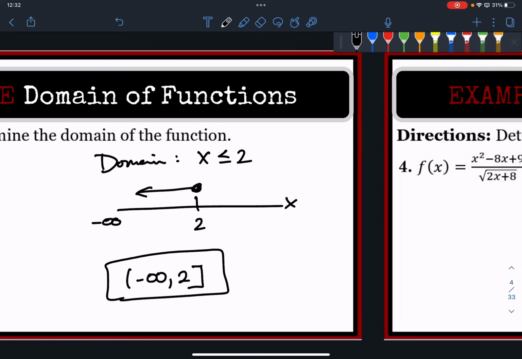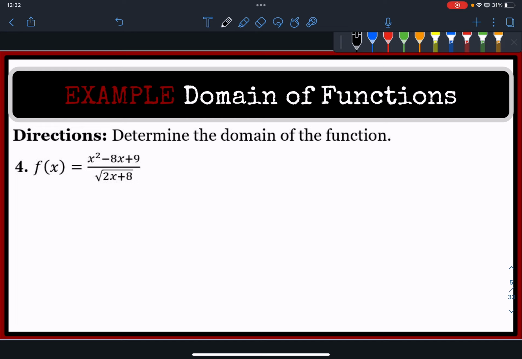Now, if that square root is on the bottom, then the only difference is that we still set it greater than 0. We just don't put the equal sign underneath it, because remember, applying again from example number 1, we cannot have our denominator of 2x plus 8 equal to 0.